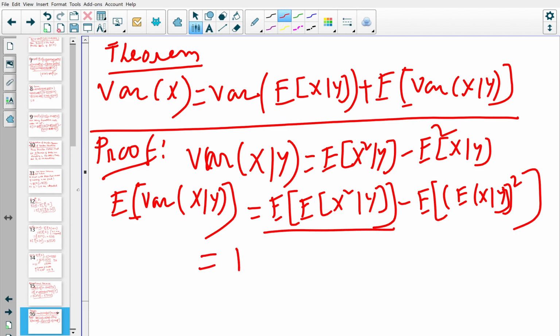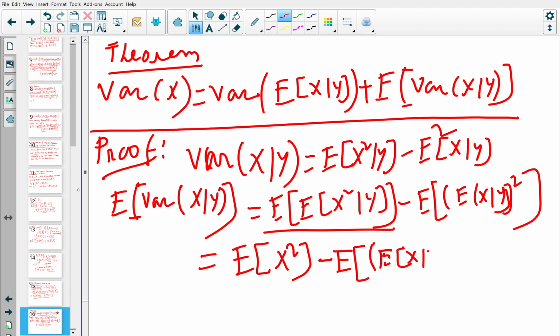This is by definition expectation of x square, right? Sorry, this portion you can write down as expectation of x given y whole square. Clear? So this is one way: if you take first the variance and then take the expectation.